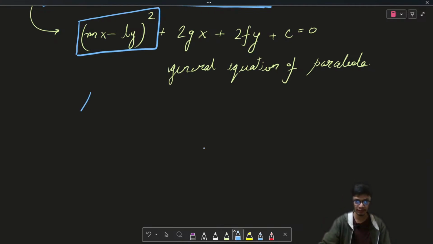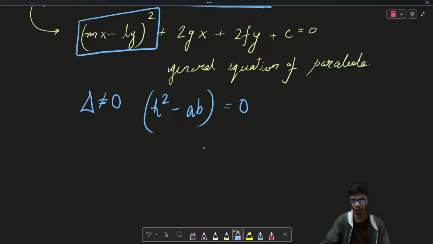So if you have the general conics equation, first of all you have to calculate the delta matrix, okay? And then calculate the determinant of that delta matrix, which is delta, which should not be equal to 0. That is the condition for non-degenerate conics, right? Now along with that, since it is a parabola, we will have the condition that h square minus ab should be equal to 0.